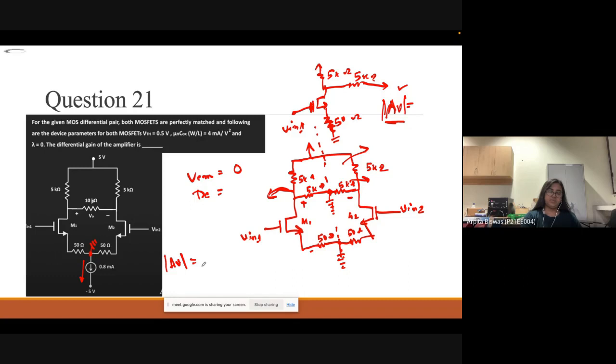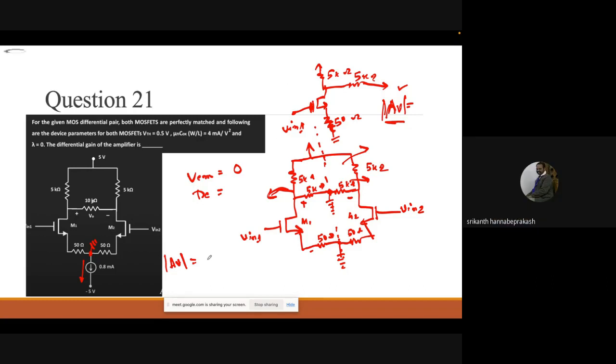I think we solved this type of problem in the previous class also. Tell me what is the value of AV? It looks like 50 divided by 50 plus 1 into 5 minus V in.